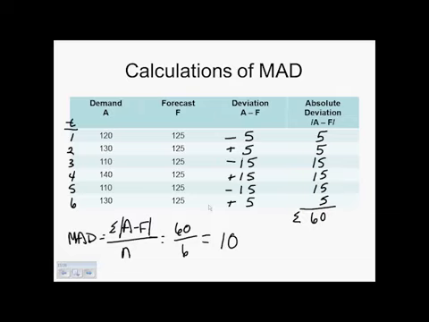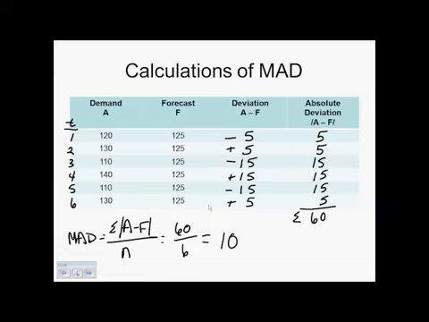Now, in and of itself, that 10 means absolutely nothing. It is a comparison mode, and the smaller the deviation, which means the less your forecast is away from the actual demand, the better the MAD is.